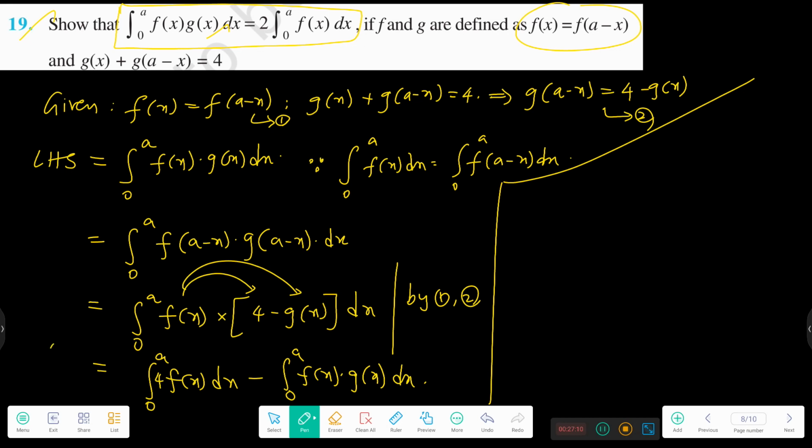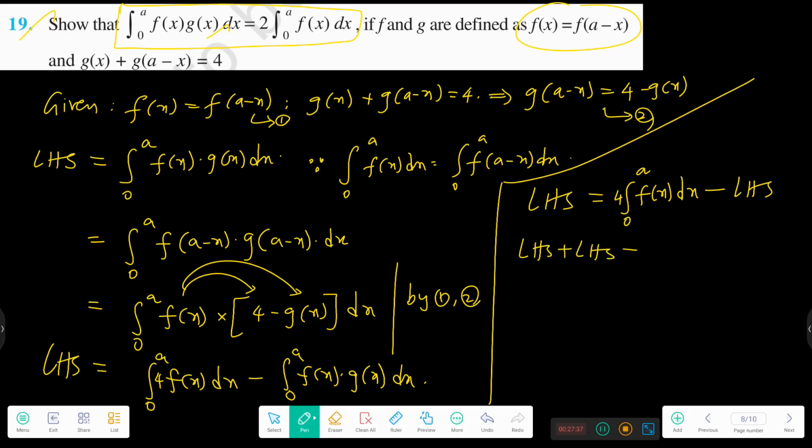So already we have one left hand side, that is LHS. So LHS is equal to 4 times integral 0 to a f of x into dx minus, this is the question, left hand side. When you bring it to the other side, left hand side plus left hand side is equal to 4 times integral 0 to a f of x into dx.